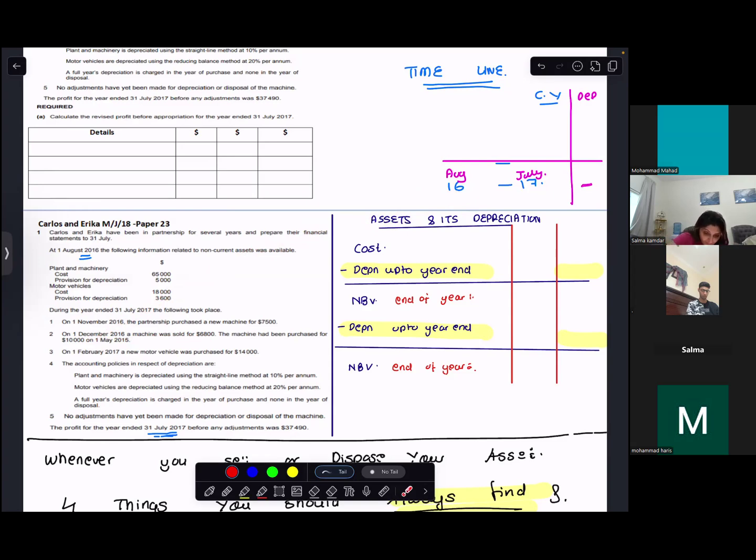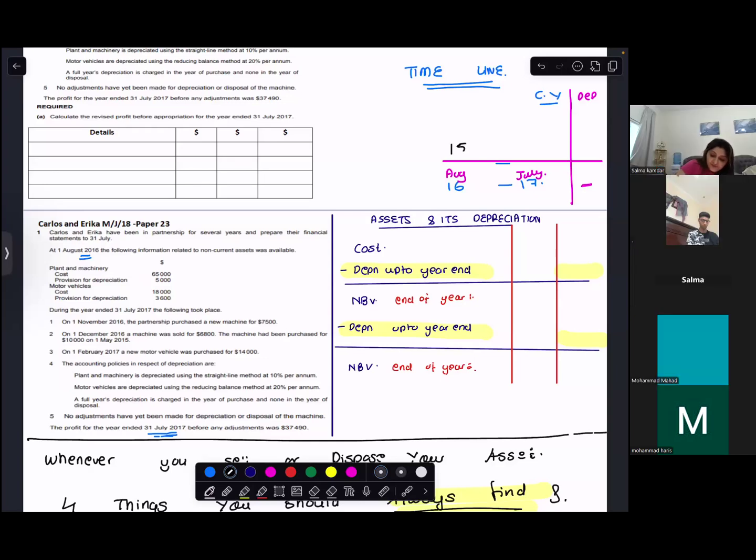Fine. Now I'm looking for accumulated depreciation of the assets sold. That means everything before that. Before I go to everything before that, I can make a timeline for myself. This would be 15, 16.